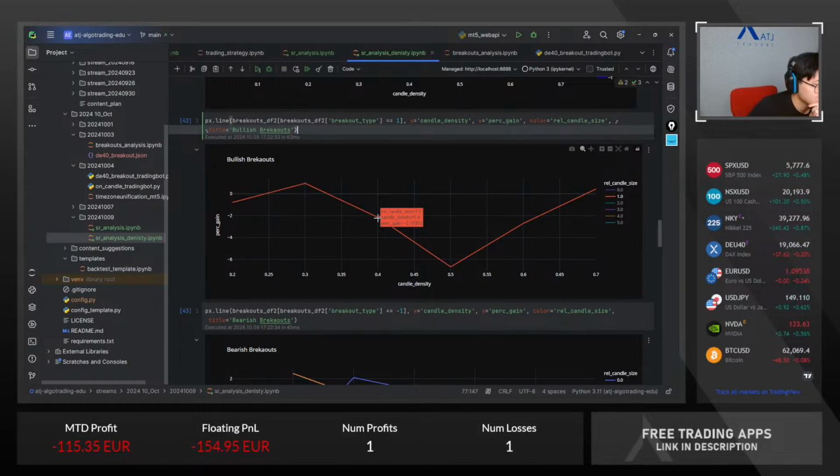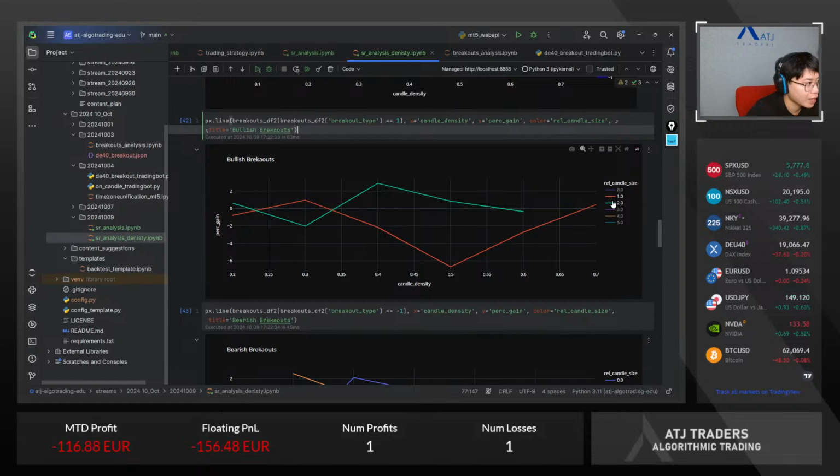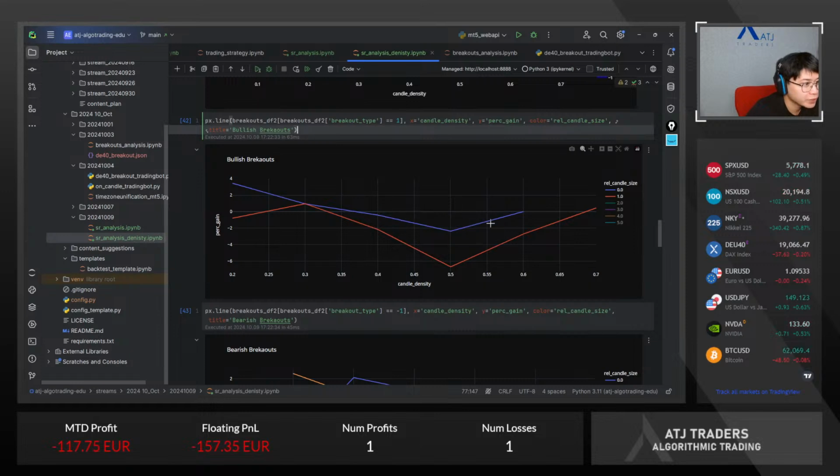If the relative candle size is 1 and our candle density is between 0.4 and 0.6, we have a profitable opportunity. If we add relative candle size 2, it seems not to work. And if we add 0, it also seems to work. So I think we can use relative candle size 0 and 1 and also go short on bullish breakouts when the candle density is between 0.4 and 0.6, right? Because everything in this area is profitable if we go short.